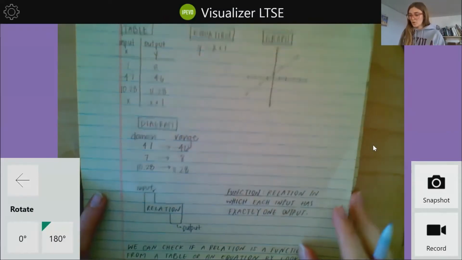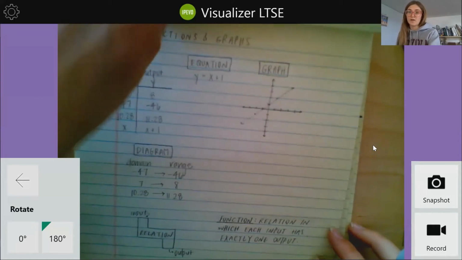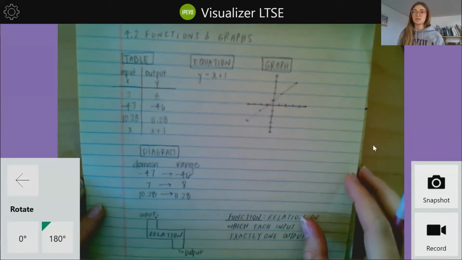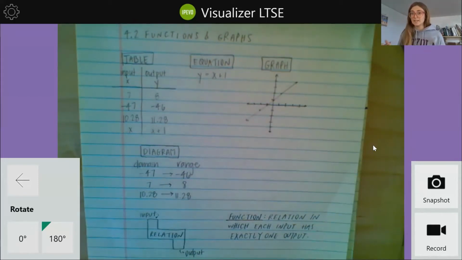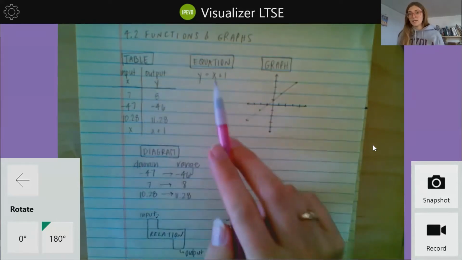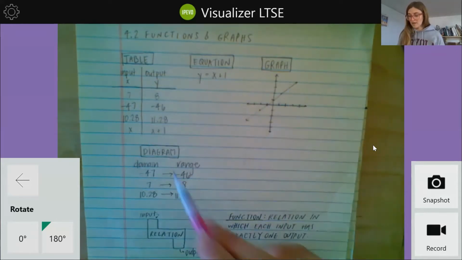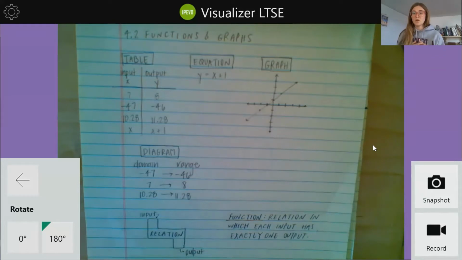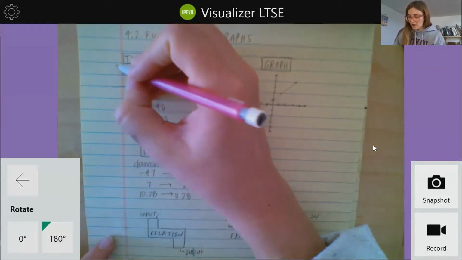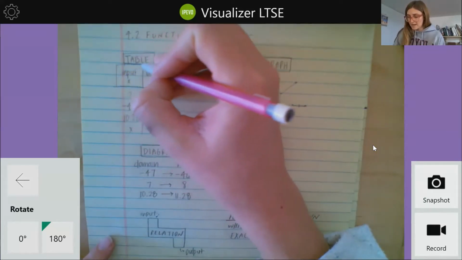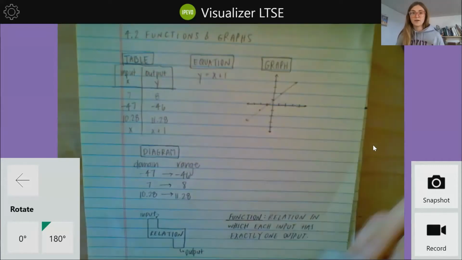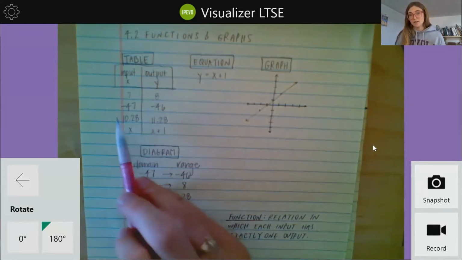So we have a whole bunch of different ways of representing relations. I have 4 written down right here. We have a table, an equation, a graph, and a diagram. So a table, I've also referred to it as an input-output table before. We'll have 2 different columns.